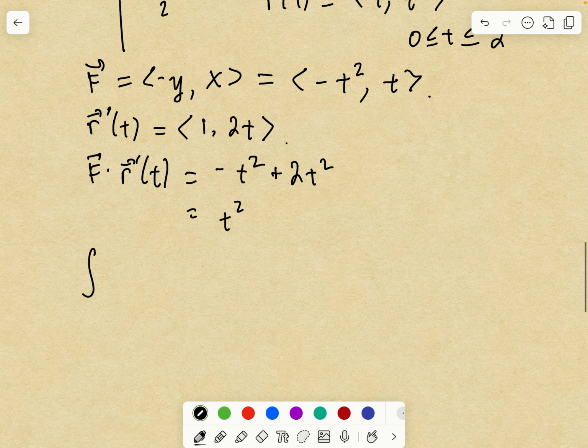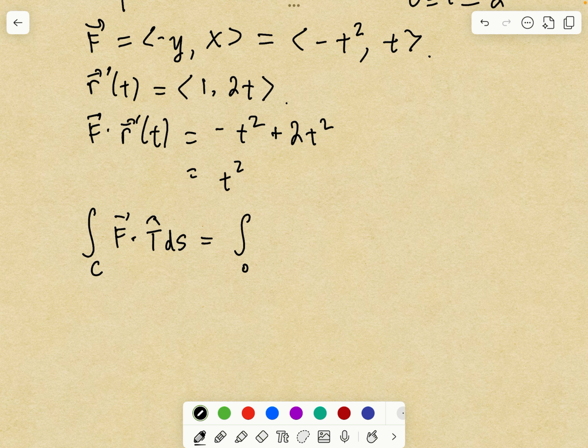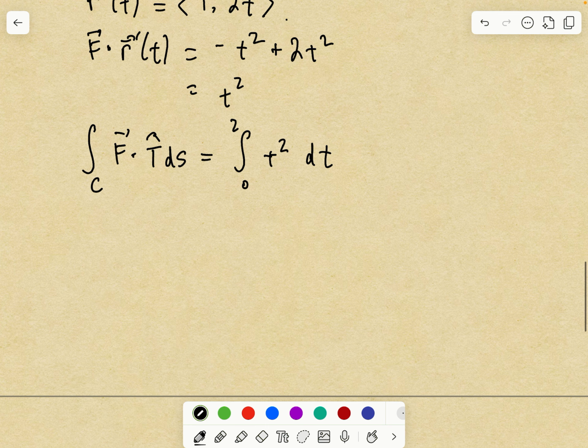So the integral along c of f dot T ds is equal to the integral from what to what? Your starting and ending times are 0 and 2. So you integrate from 0 to 2, f dot r prime of t, we calculated that's t squared, dt. And this is an ordinary Calc 1 integral, so hopefully you know how to do this integral.